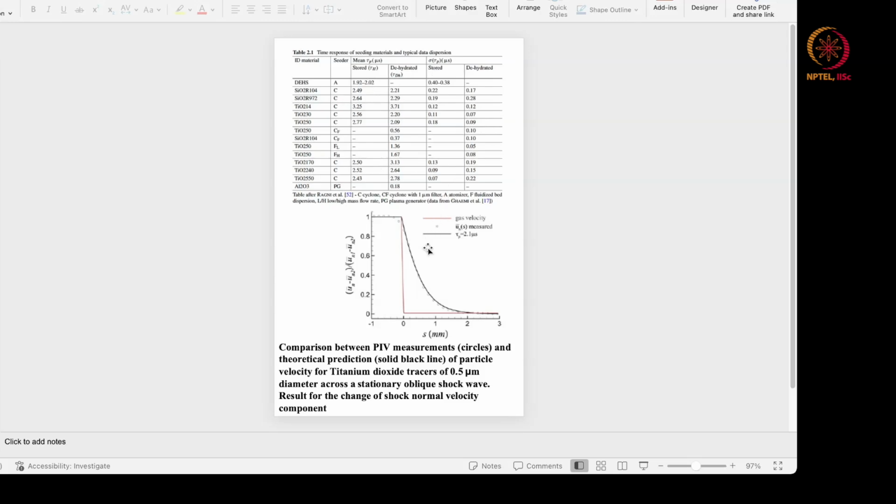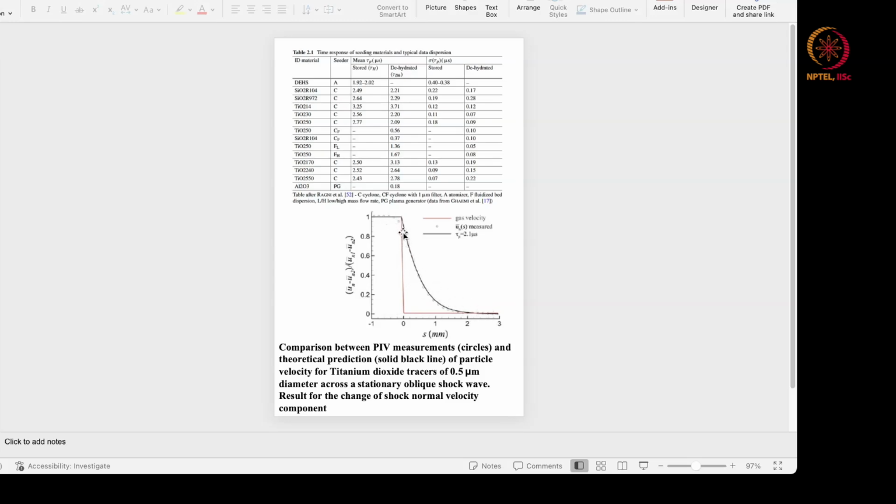So you can see that, in this particular case, it is a comparison between PIV measurements, which are the circles, and the theoretical prediction, which is the black line, of particle velocity of titanium dioxide tracers of 0.5 micron along a stationary oblique shock. This is the gas actual velocity because it's very sharp. And this is the velocity that is actually measured, and the other velocity is theoretically predicted.